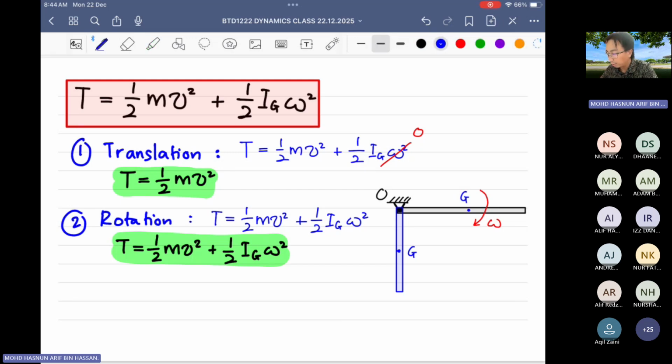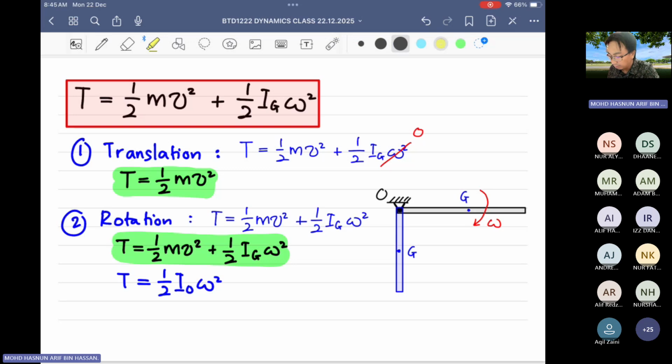You have also another option, to calculate the mass moment of inertia about point O. We can also do that. So the equation then becomes T is equal to 1/2 Io ω². So you have now two options.